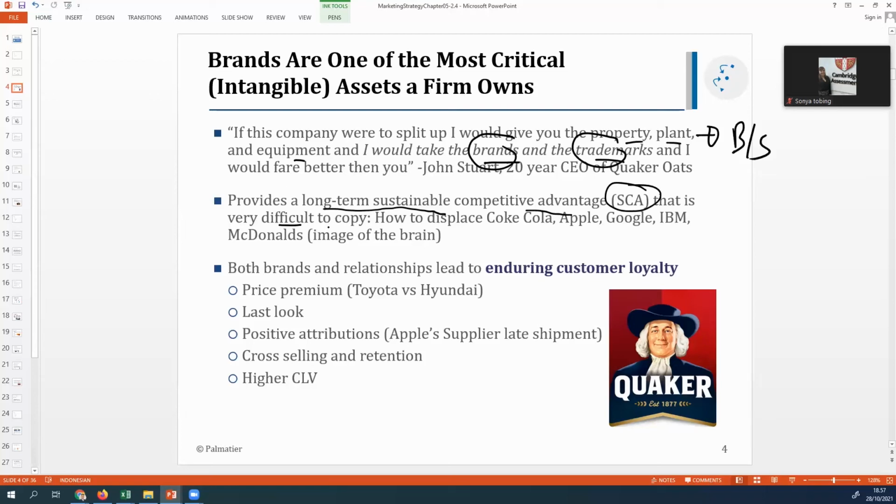You can see how much investment Coca-Cola, Apple, Google, and IBM have made to develop the image of the brand, making the image in the customer's mind.